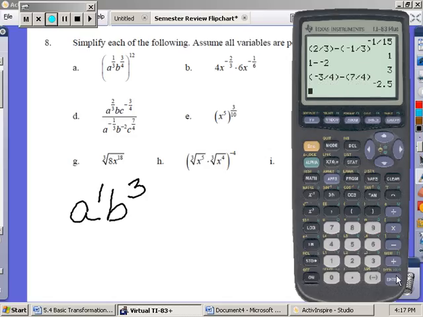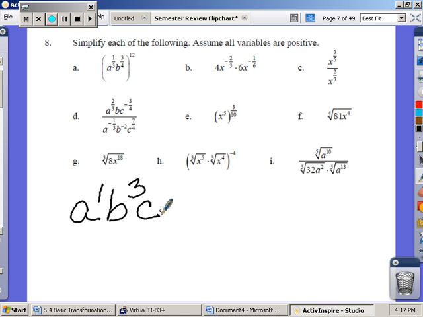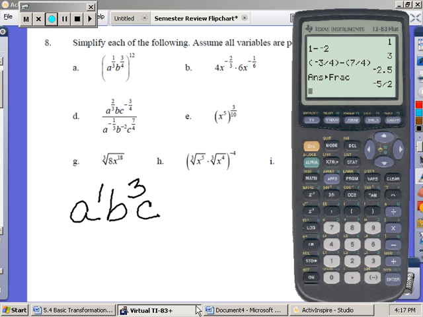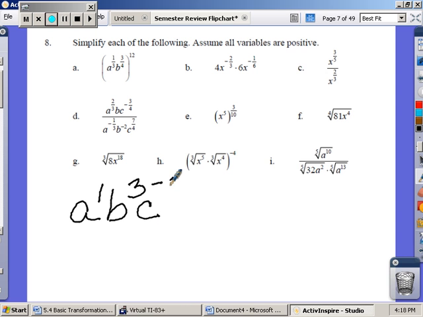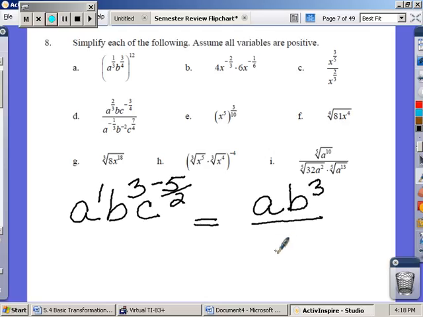Press enter. I get a decimal. Go to Math, enter, enter, and I get C to the negative 5 halves. Can I have a negative exponent? No, so you're going to rewrite a to the first, b to the third, and the base c goes in the denominator because the exponent is negative in the numerator.